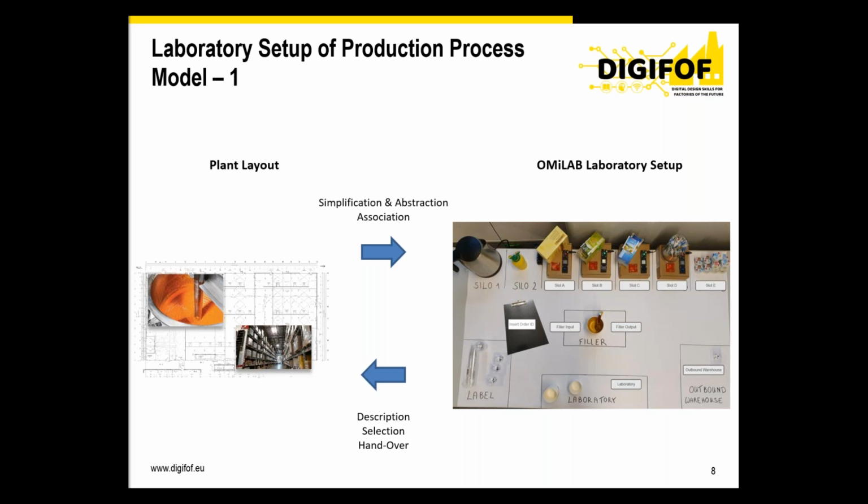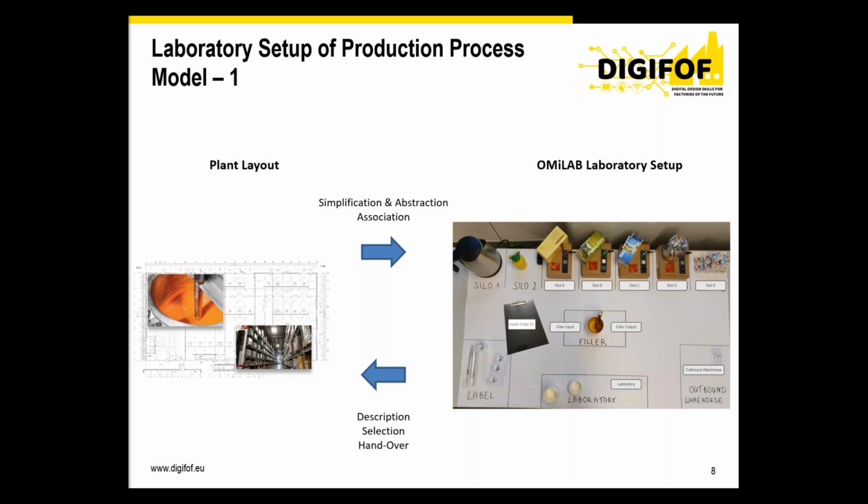An association in form of a mapping to a tea production sample was chosen for the laboratory setup, as this is provided for common understanding and to pave the way for transparency and better understandability.